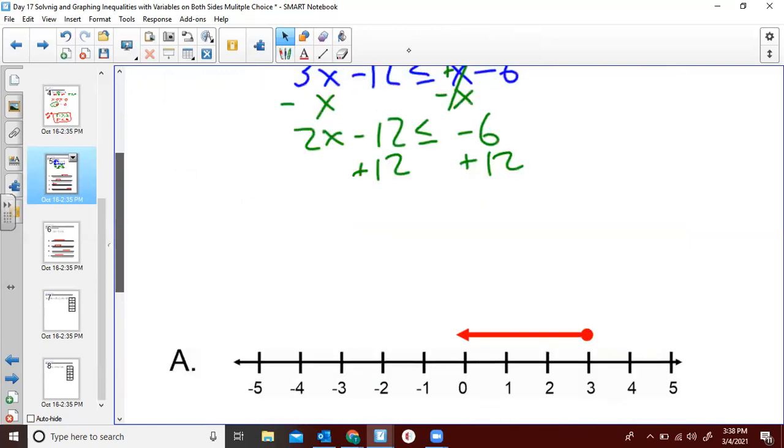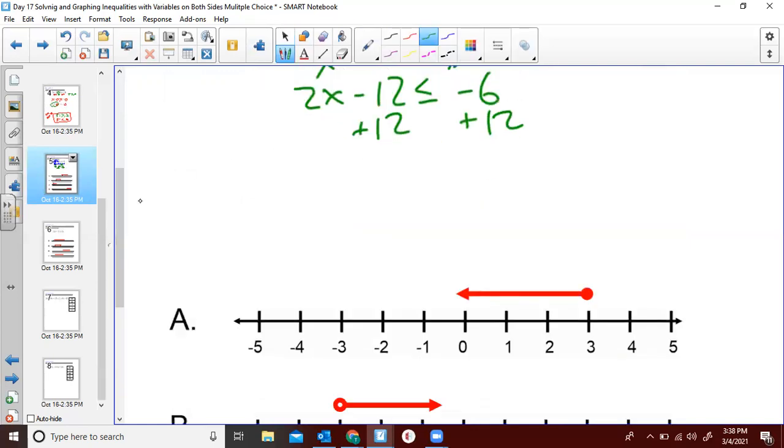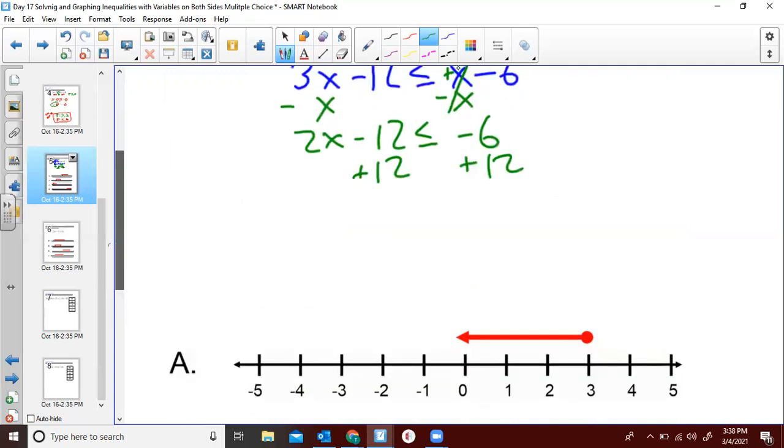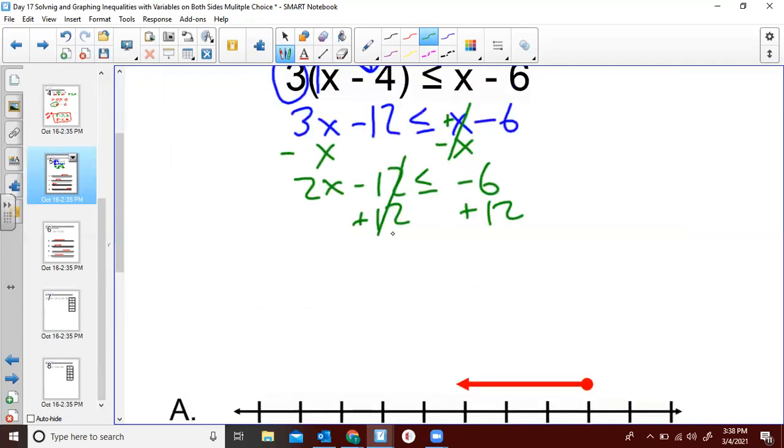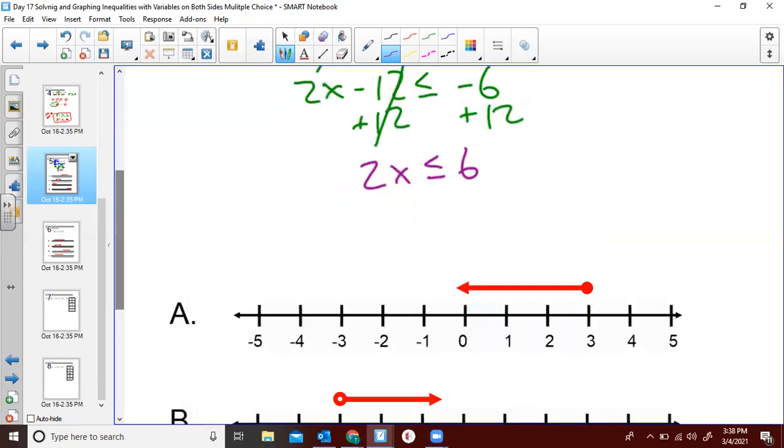When you do that, your 12s cancel out, and you're going to be left with 2x is less than or equal to 6. From here, we're going to divide by 2 on both sides. That'll cancel out. We'll be left with x is less than or equal to 3. Notice we did not change the sign because we did not divide or multiply by a negative.